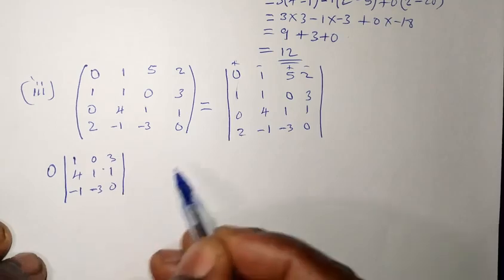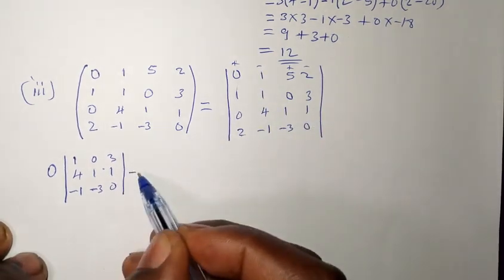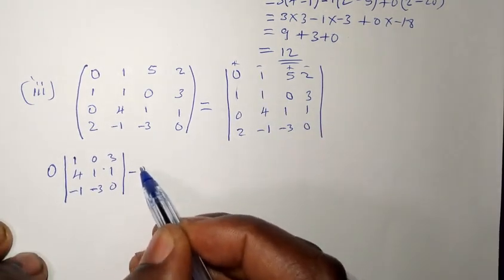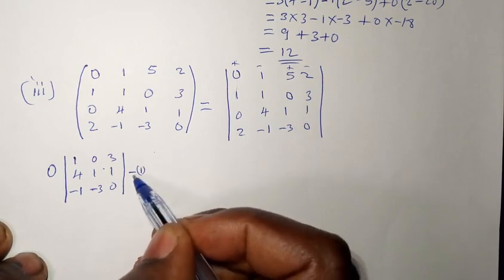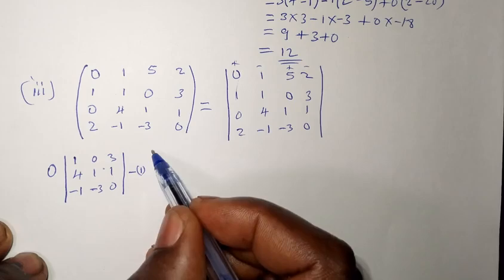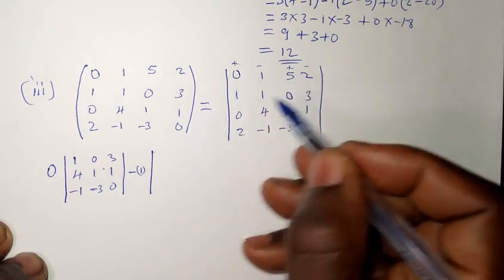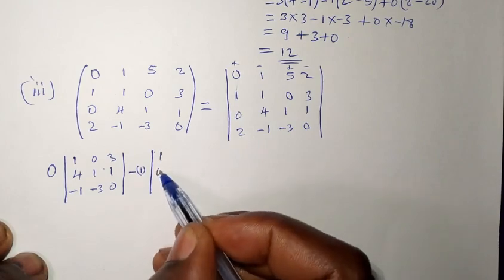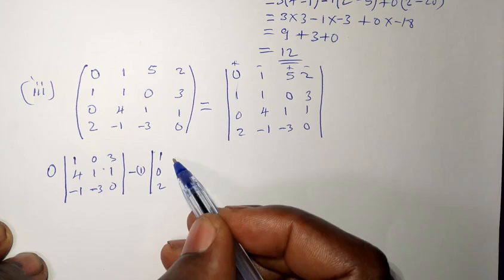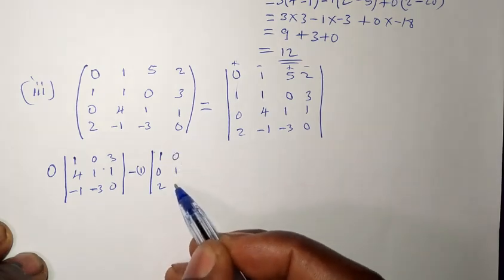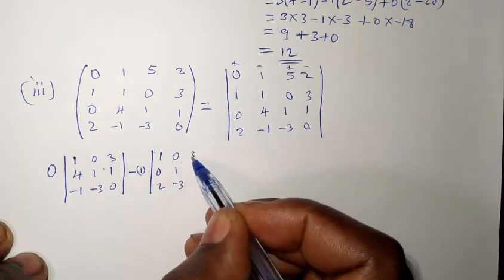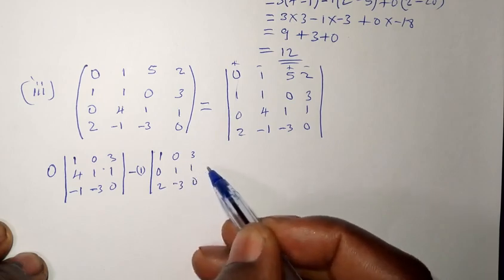Alright, we've gotten this. Then we'll take the next one, which is minus 1, minus 1. The reason why I'm putting minus 1 straight is because of the minus here. Then this will kick out this column and kick out this row. So you have 1, 0, 2, 0, 1, minus 3, and then 3, 1, 0.